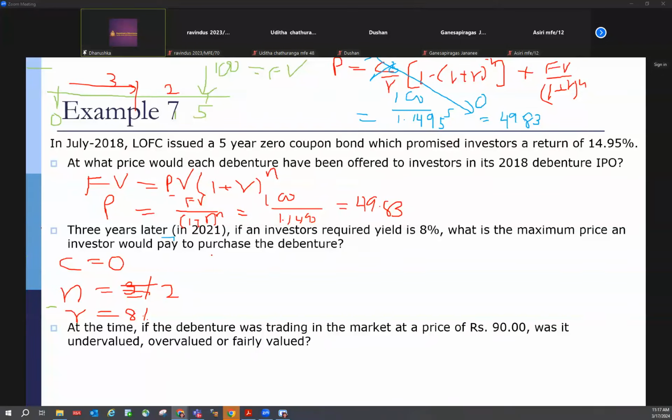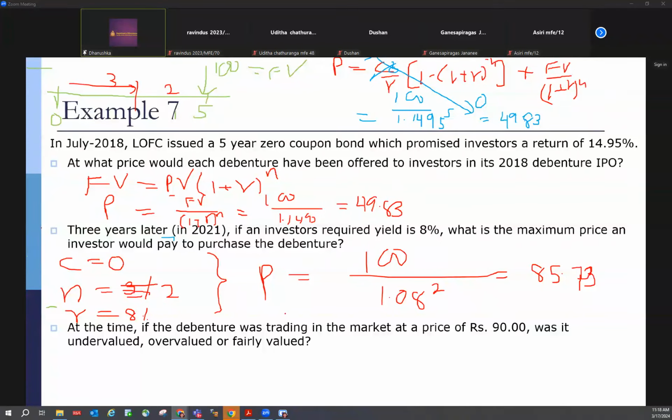So therefore, when we put these three together, we see that the price is equals to 100 divided by 1 plus R to the power 2. I think the answer is 85.73.